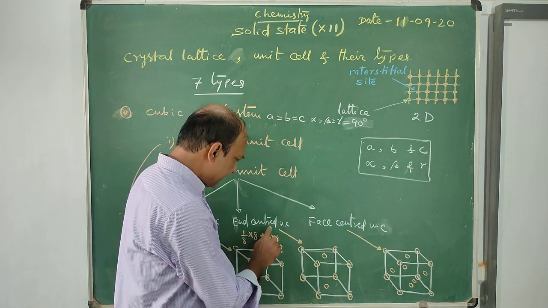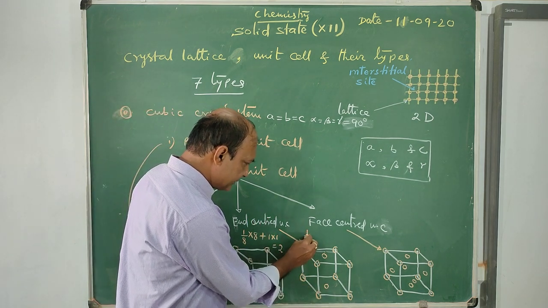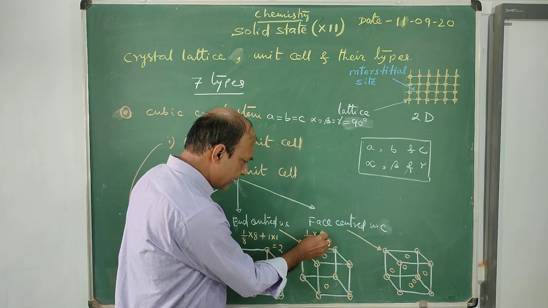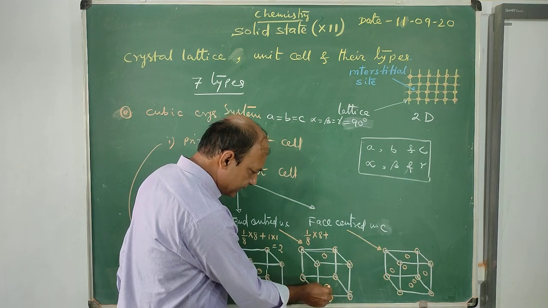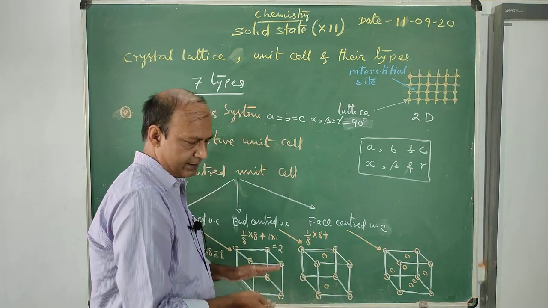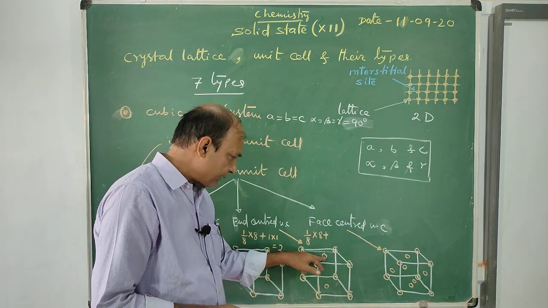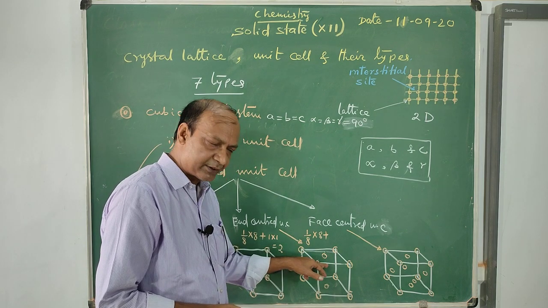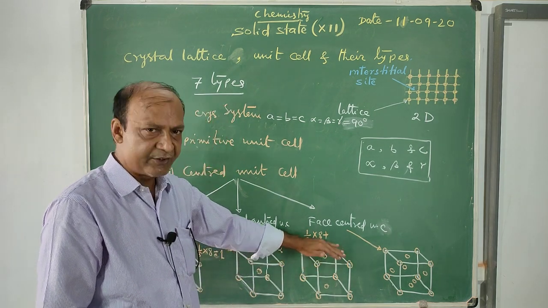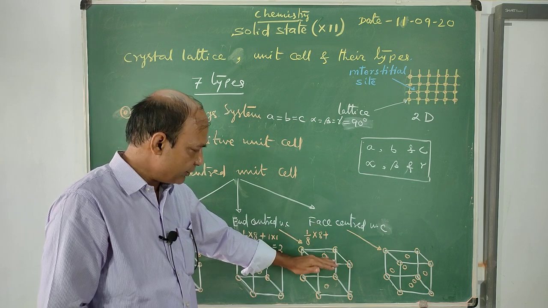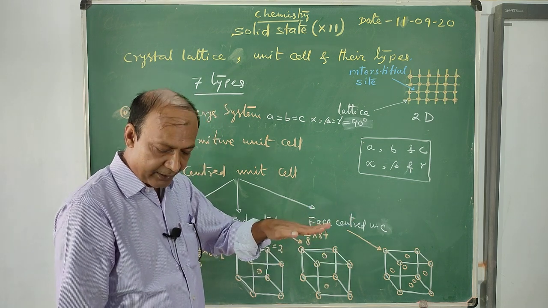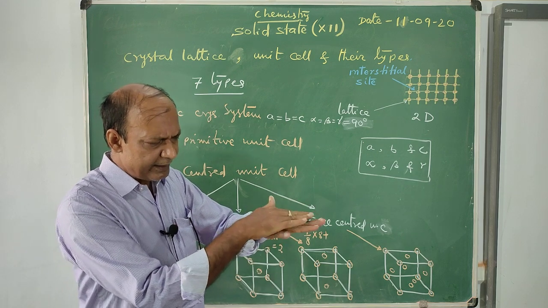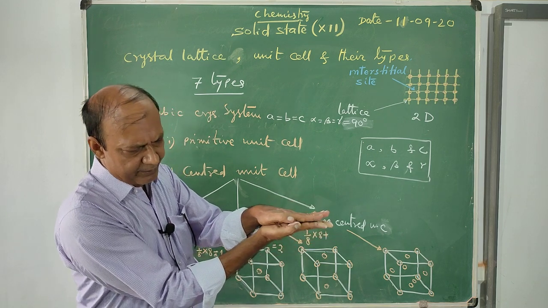In case of an end-centered unit cell, you do a similar calculation: 1 by 8 into 8 plus 1 by 2 into 2. The particle which is at the center of the face, half of the particle will go inside the unit cell and another half will be shared by the unit cell which is just above it. So it is a surface, the face of a unit cell, and it is another face of another unit cell.